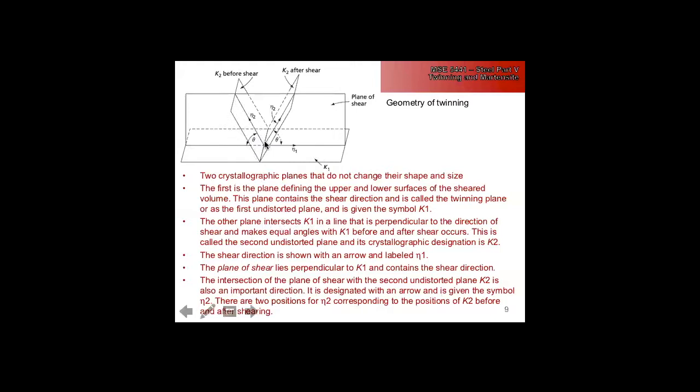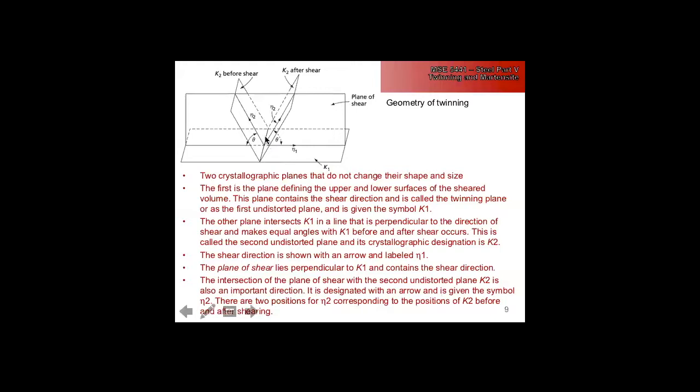K2 has to intersect our twin plane K1 at this line here, and this line has to be orthogonal to the direction of shear, right? So this plane intersects eta 1 at a right angle, right here, right?